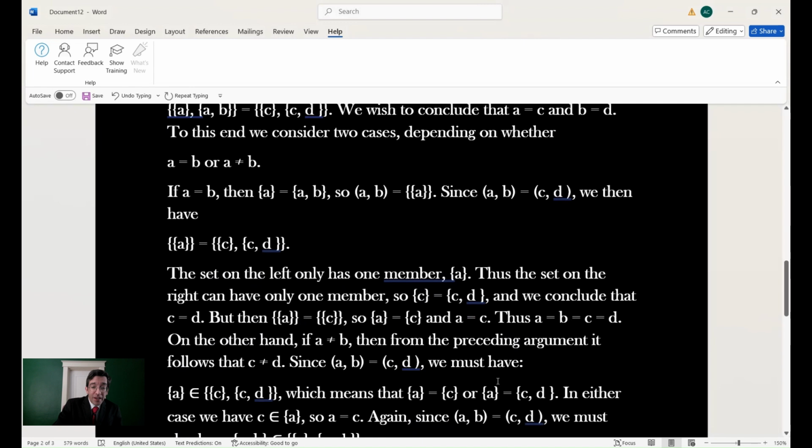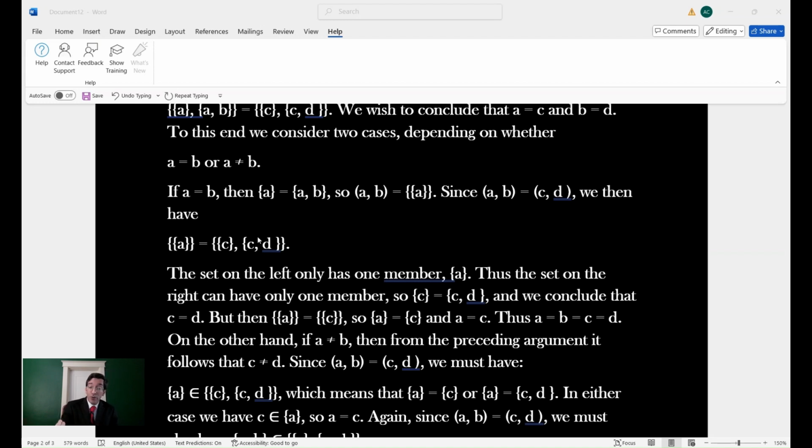Hopefully you can see, I know the print is rather small, but I just wanted you to see this. And so if we equate both sides, we can deduce that a is equal to {c, d}. But the left-hand set possesses a single element, meaning that the right-hand set must also have but a single element.